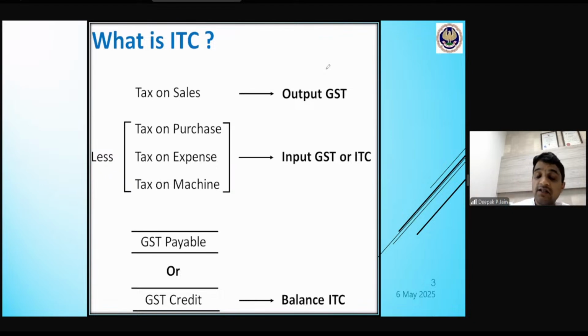The third scenario could be that the rate of GST on your purchases is at a higher rate. You are doing some manufacturing activity, and once you manufacture and sell it, on that product the GST rate is at a lower percentage. In that scenario also, you will have a GST credit with you. Got it?